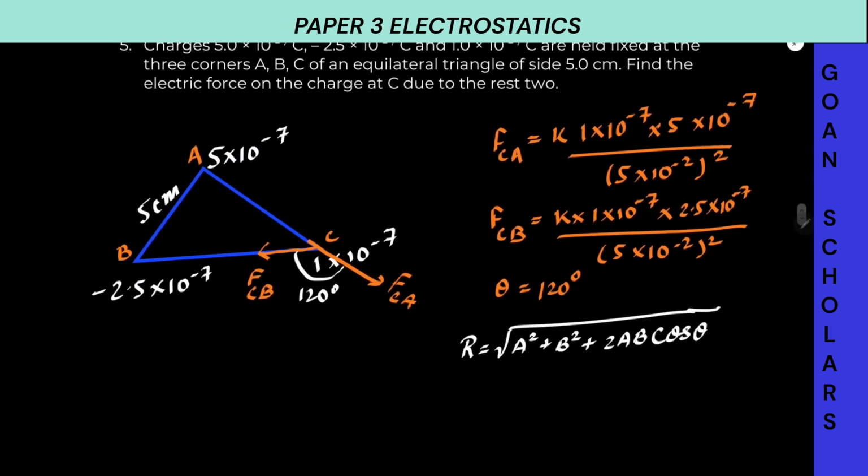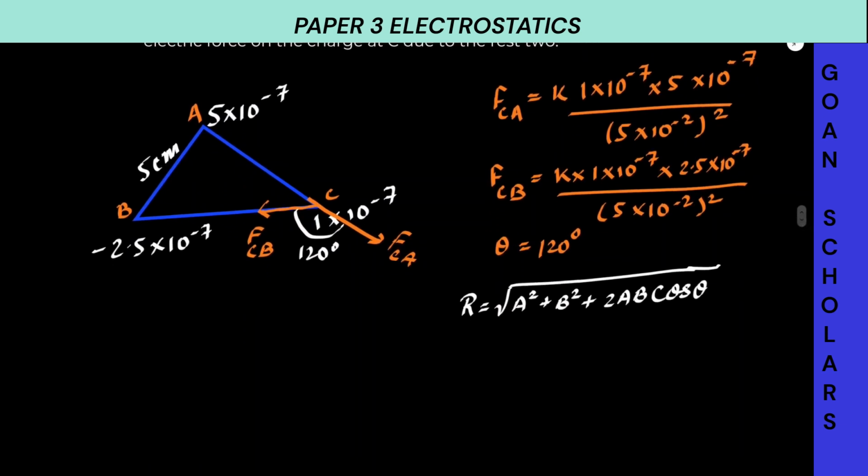So let's substitute. Before we substitute, let's simplify this, okay? Because k is common here. Let's rewrite this expression because it will be lengthy. Let me write it on the left hand side. So here the net force on C will be equal to root under FCA, which is K, and let's simplify it here a little bit. 5 into 1 is 5 and 10 to the power minus 14.